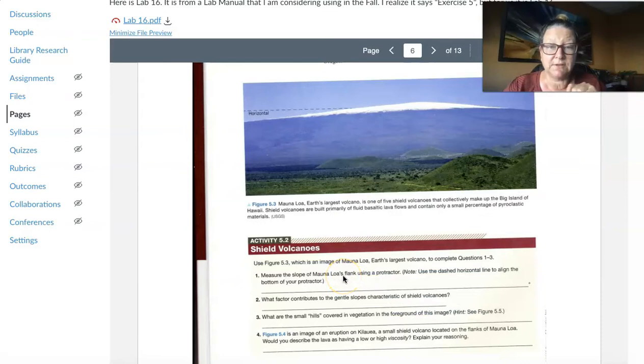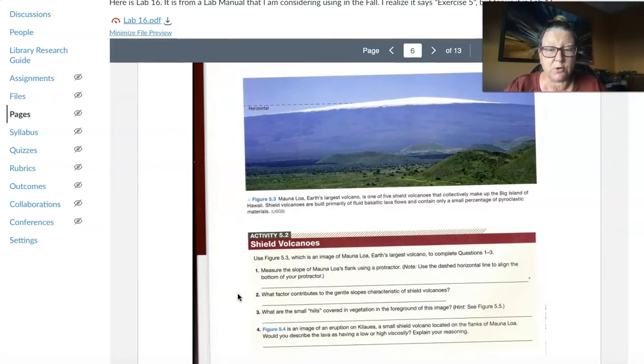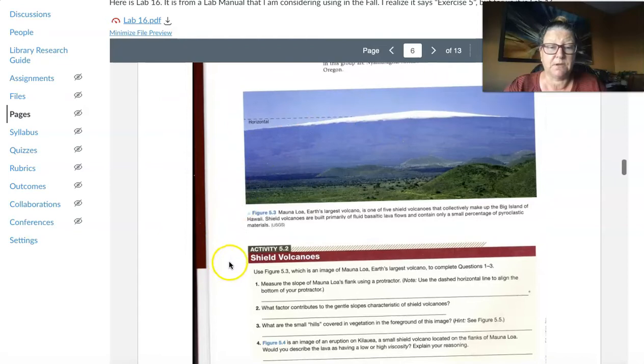When we get to Activity 5.2, the first question says to measure the slope of Mauna Loa's flank using a protractor. So you're probably thinking, well, I don't have a protractor, but you can have one, and I'm going to show you how. I went onto Google and I Googled free printable protractor, and I got a whole bunch of hits. So I just chose one and I printed it and then I cut it out.